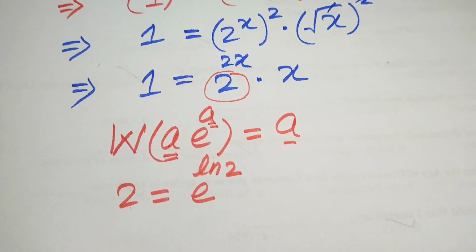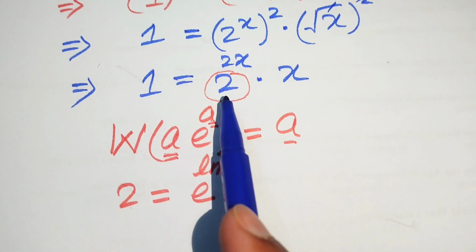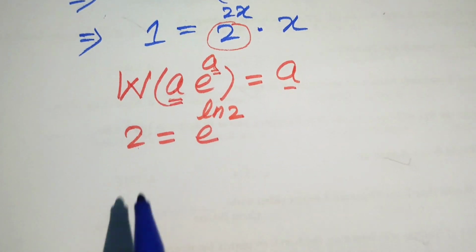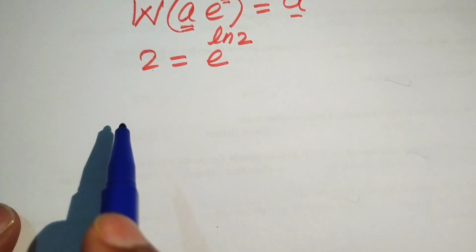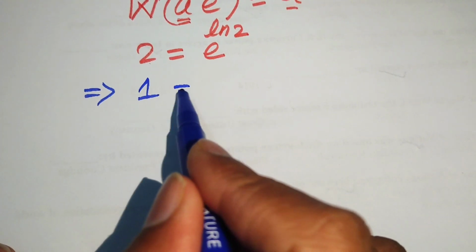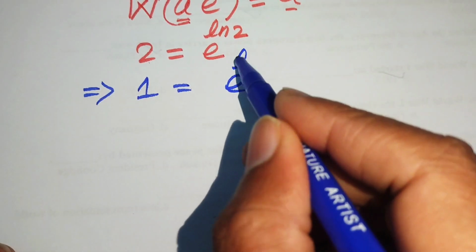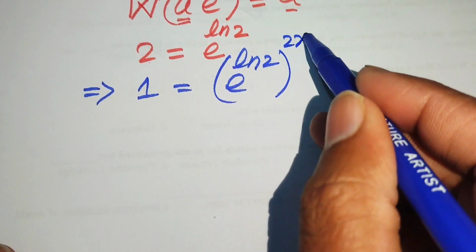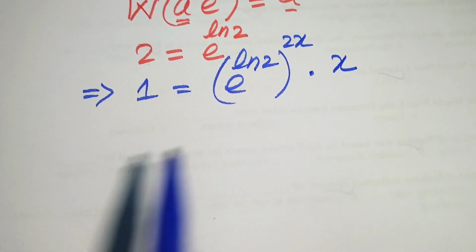So now we write this base 2 as e to the power of log 2, so that our above equation is written as 1 equals e to the power of log 2, and its exponent is 2x, multiplied by x.